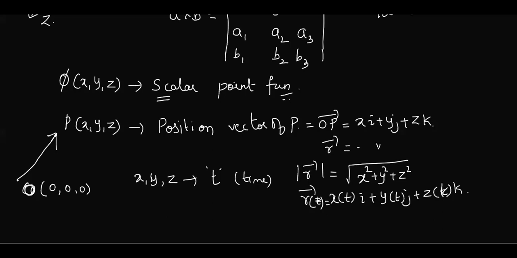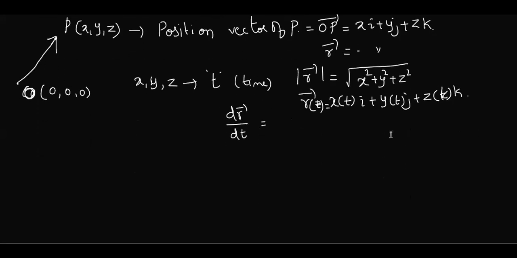Now there is some simple knowledge from the earlier syllabus. If you differentiate this r with respect to t, where I am referring to t as time, I'll get one quantity. Can anybody tell me what it is? R is like some displacement. So what is the rate of change of displacement with respect to time?